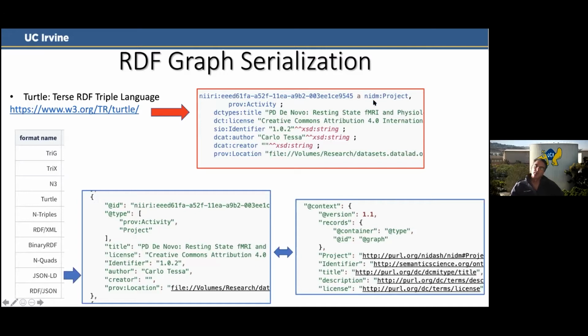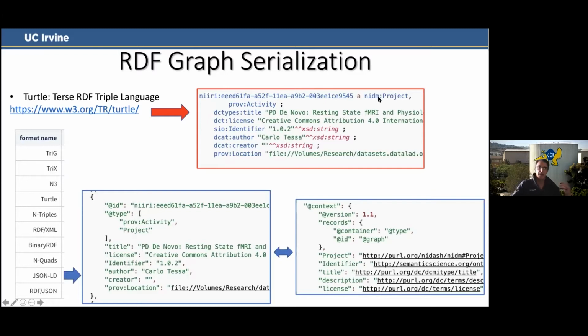And when you see the form of NIDM project, like many of these, it has a colon. So it has this NIDM thing, a colon, and then this word project. That's really a URI. And at the top of these Turtle files, it will have a URL that's associated with the NIDM part. And so if you took that URL and you added project to it, it would dereference, and it should tell you what a NIDM project is.